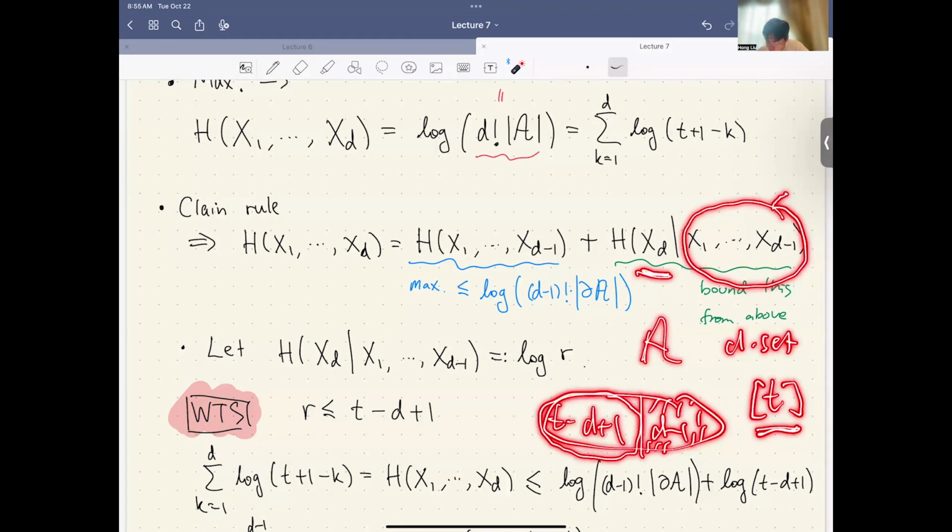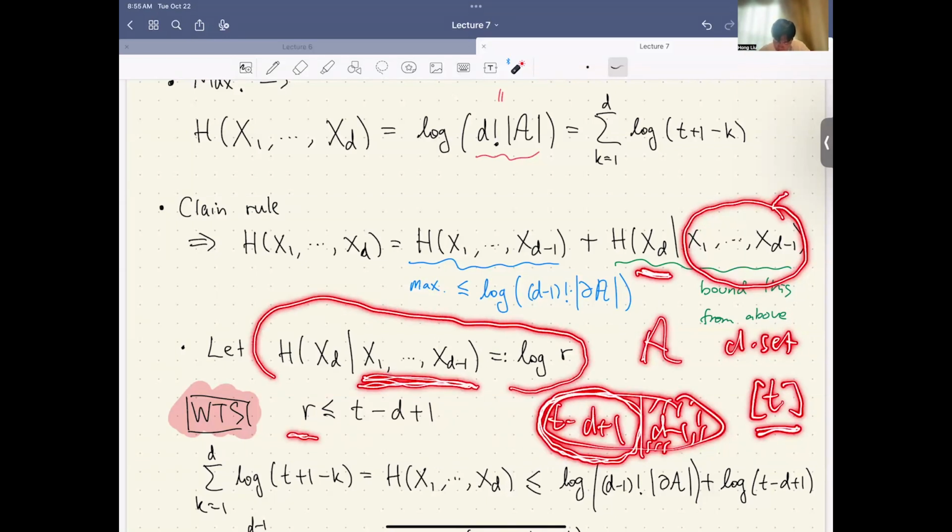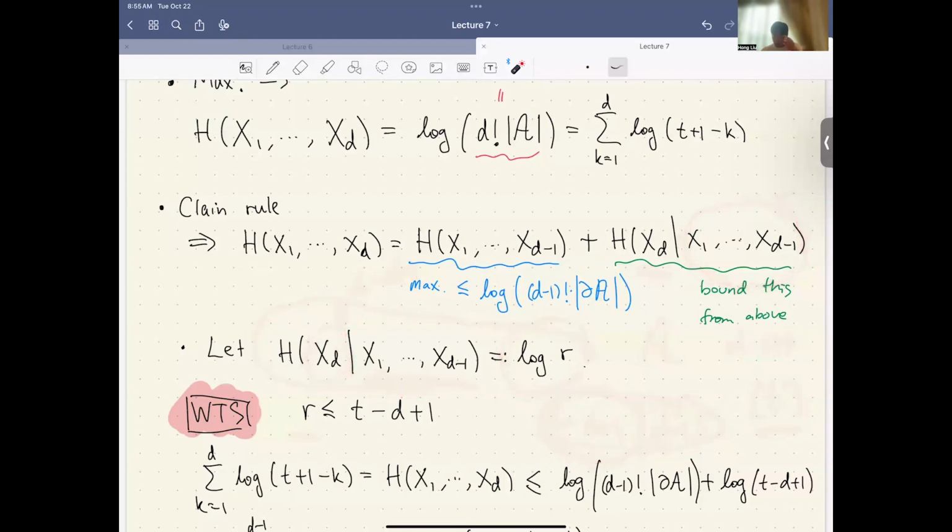So this is the range of choices we can choose for xd, conditioning after revealing this. So by maximality, the entropy of such a random variable, which has range t minus d plus 1, is at most log of that, right?